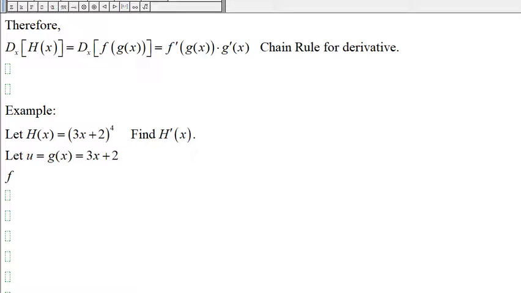And then f of u, which is f of g of x, is equal to u to the 4th. The chain rule says that the derivative of h of x is going to be f prime of u times g prime of x.